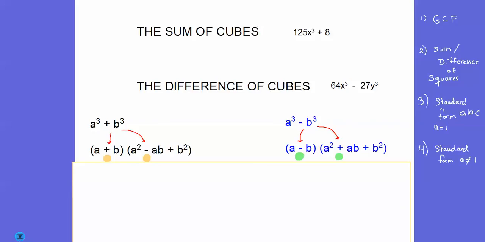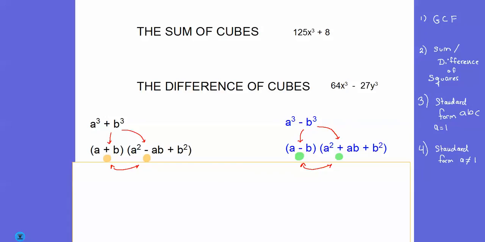It's just like these two symbols here are reversed depending on if you're talking about the difference of cubes or the sum of cubes. Everything else is exactly the same. Knowing when the plus leads or when the minus leads is important.